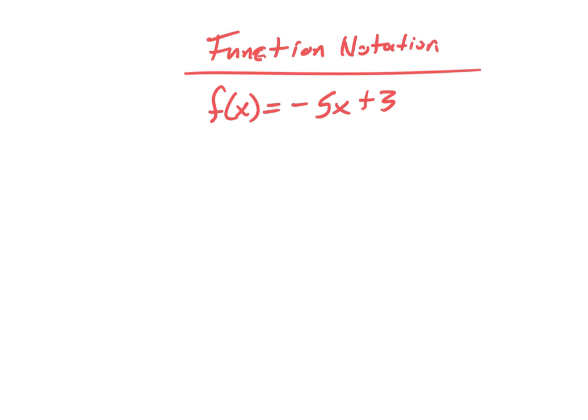This is no different than this. It's just a different way of writing it. y and f of x are the same thing. They are represented the same way. So you might say, well, why don't we just stick with y equals negative 5x plus 3?